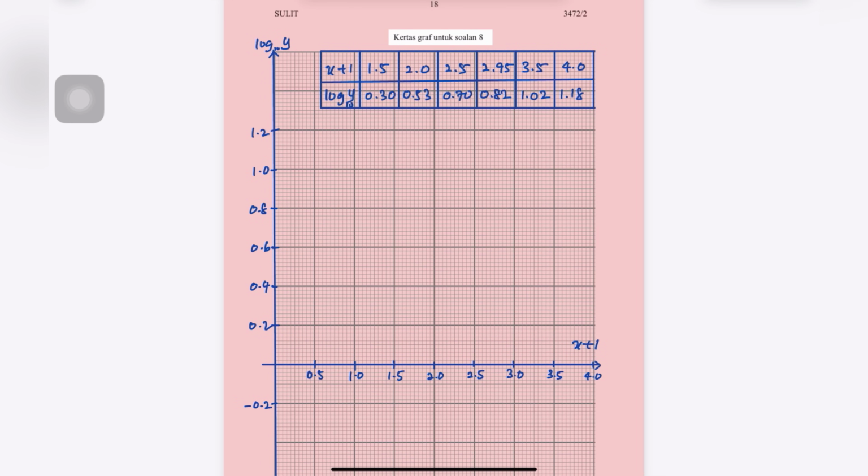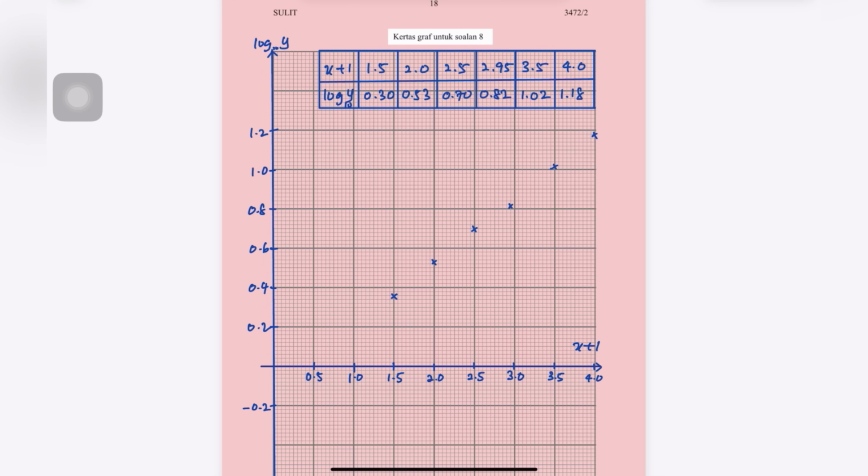Then we plot all points: 1.5, 0.30; 2.0, 0.53; 2.5, 0.7; 2.95, 0.82; 3.5, 1.02; 4.0, 1.18. Then we construct the best fit straight line.